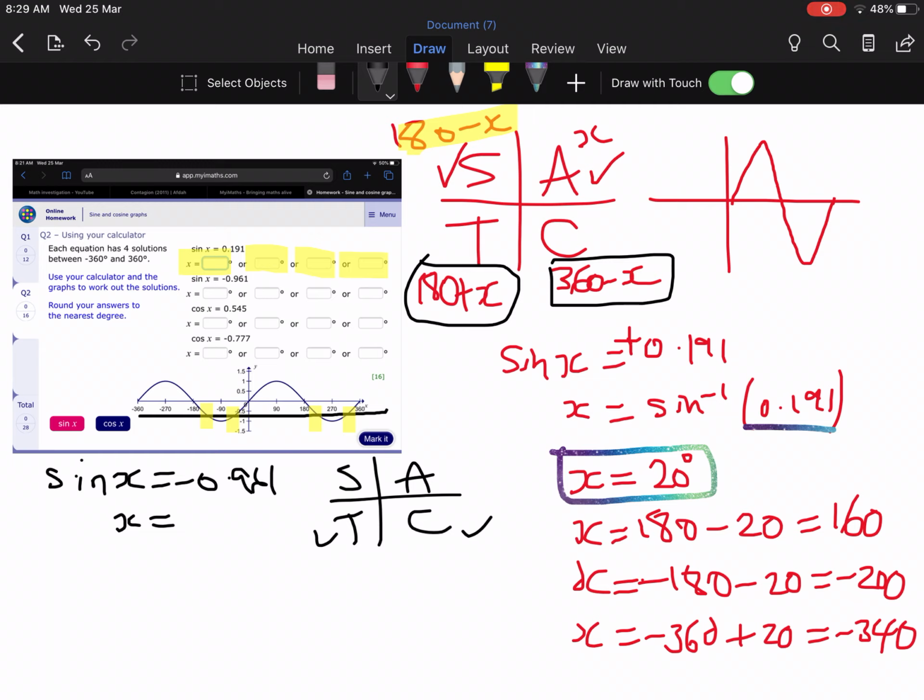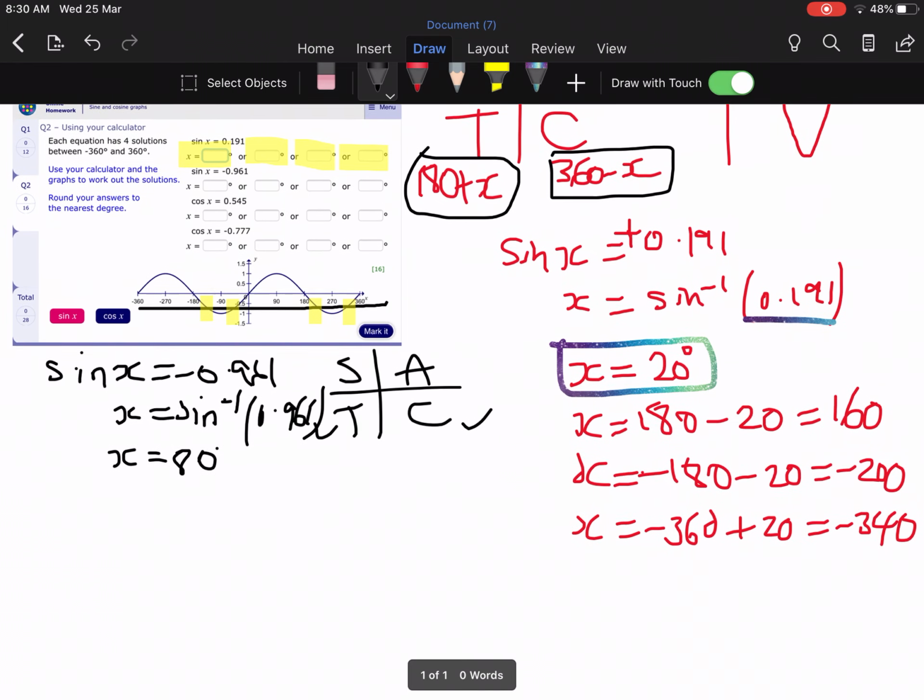But I don't include the negative, and I do inverse sine of 0.961 without the negative. So remember that, I just find out what x is, and then I use my rules. So I'm going to hazard another guess and say that that's 80. Again, you'll be able to get the real value.